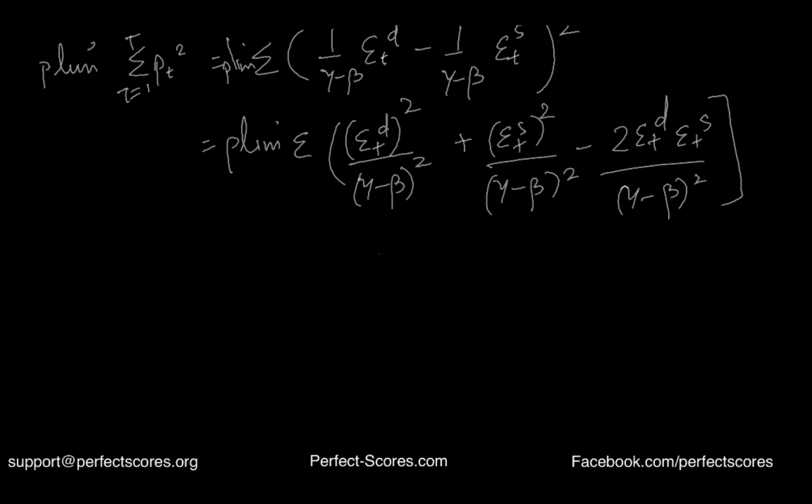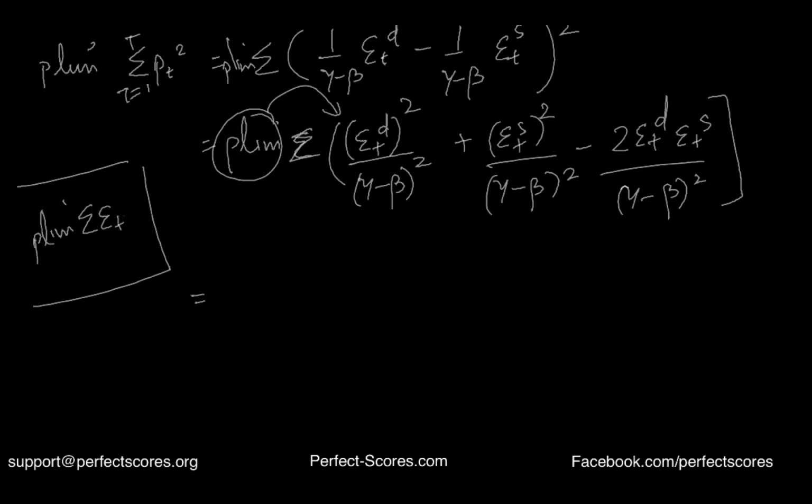Okay, so now if we take the probability limit inside, what we're going to get is the expected value of each of these terms. So what is the probability limit of the sum of the error term demand whole squared? It is actually equal to the expected value of the error term demand whole squared, right?